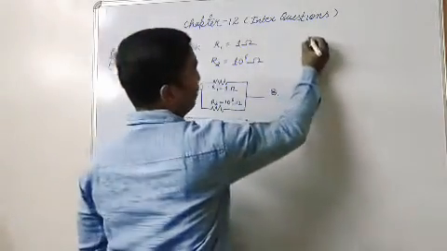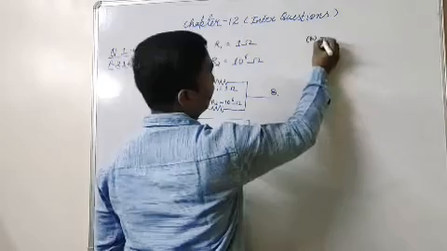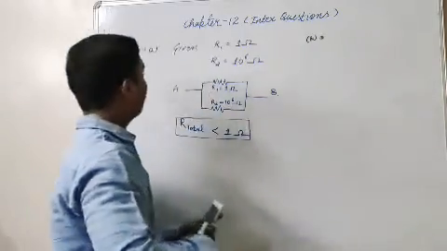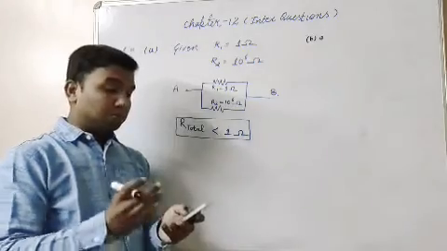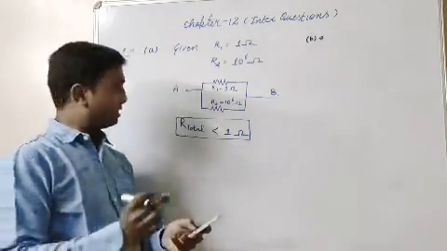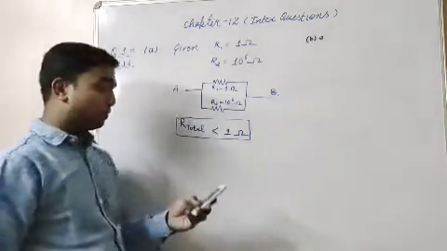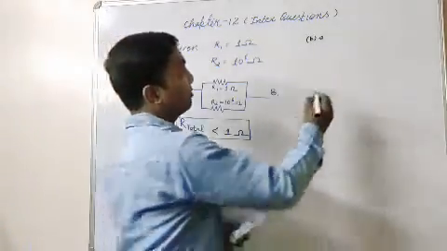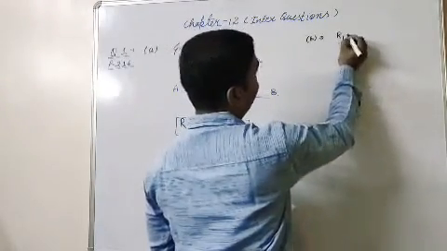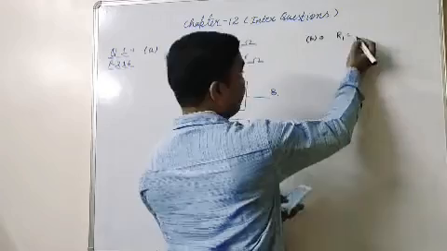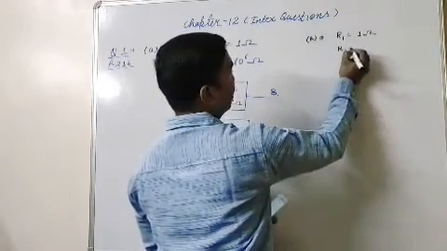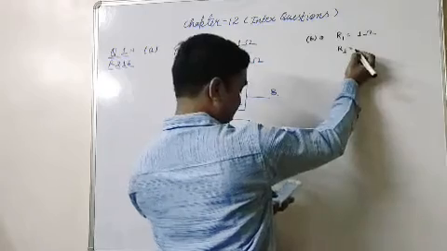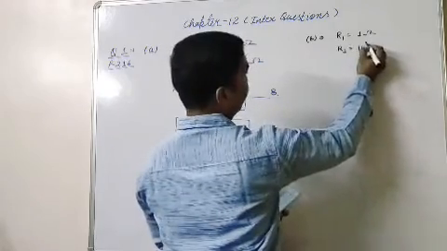What is asked in the B part? Because in question number 1, 2 things are asked: just the equivalent resistance, total meaning equivalent only. Now in the B part, what is given? Suppose 3 resistors are provided. R1 is equal to 1 ohm. R2 is equal to 10 to the power 3 ohm.